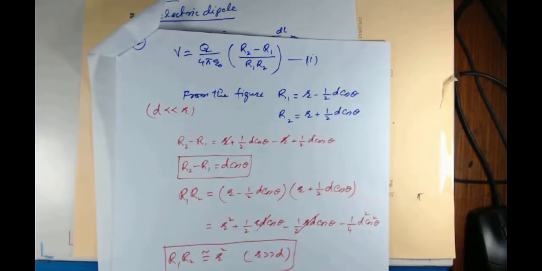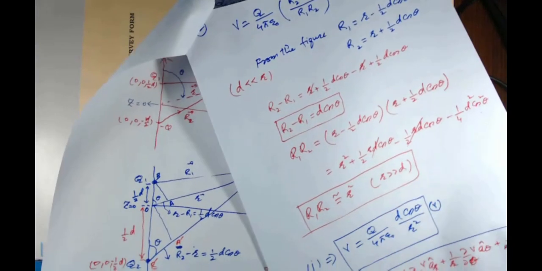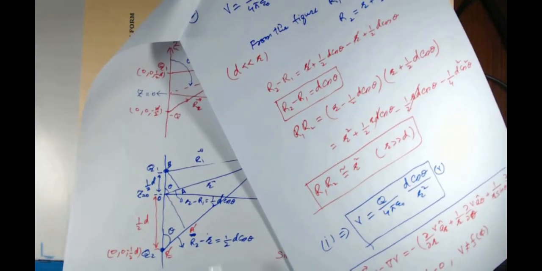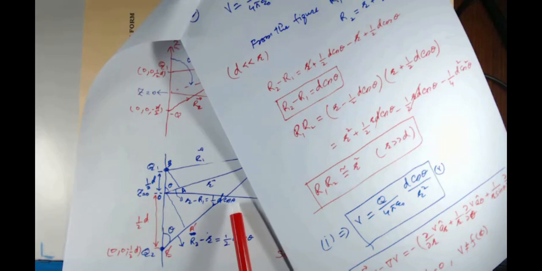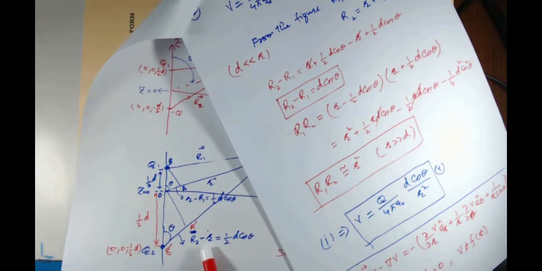Going back to the figure, from the figure you can get the difference between small r and R1, which is equal to 1 upon 2 d cosine theta, and R2 minus small r equal to 1 upon 2 d cosine theta.